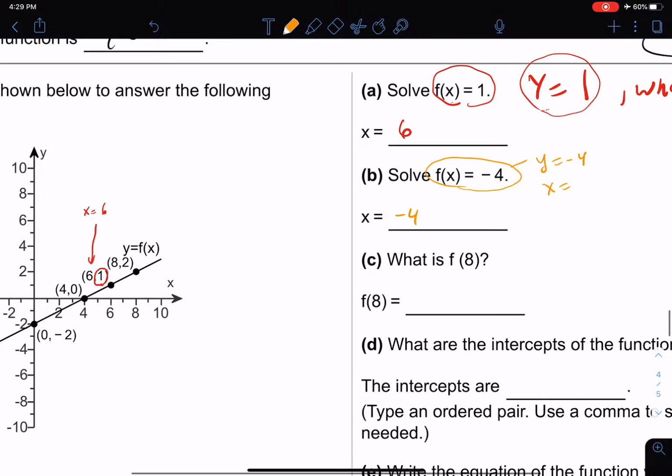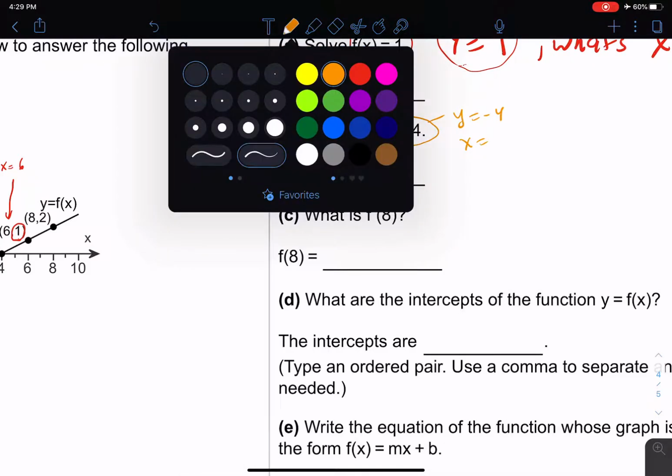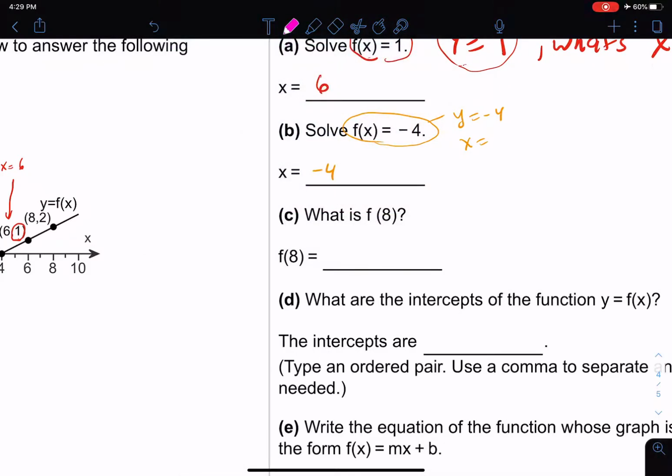Okay, what does the next one say? Next one says f of 8. When you have the 8 in that position, that's saying x equals 8. What y value goes with it?